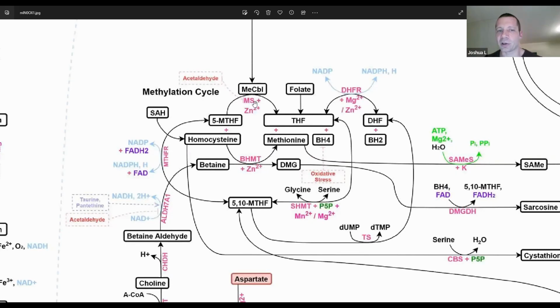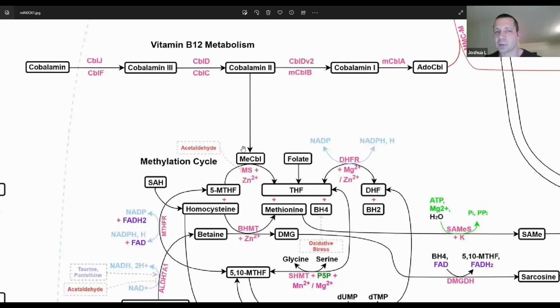So that means that if we've got another blockage here, if we've got problems with B12 availability, and that might be relating to riboflavin metabolism and things as well, or the oxidative stress, or we've got acetaldehyde inhibiting methionine synthase, we're still going to end up running into problems with the folate metabolism and the methylation.